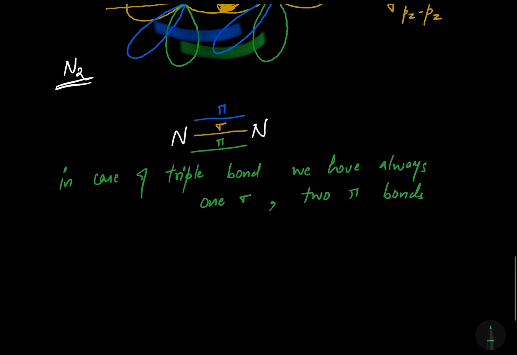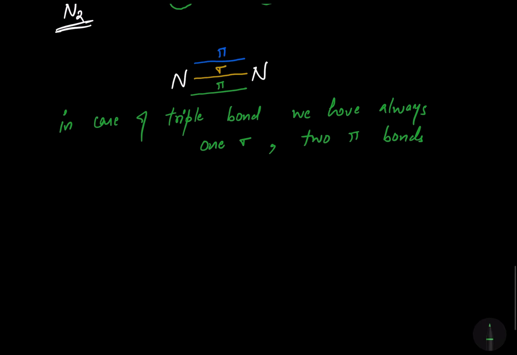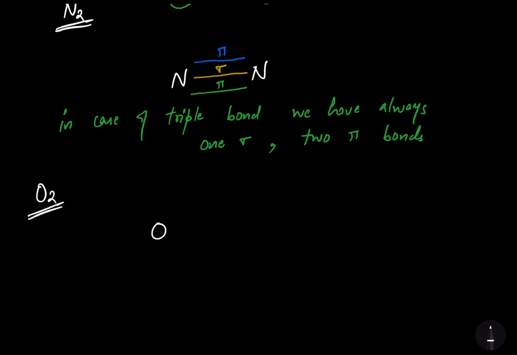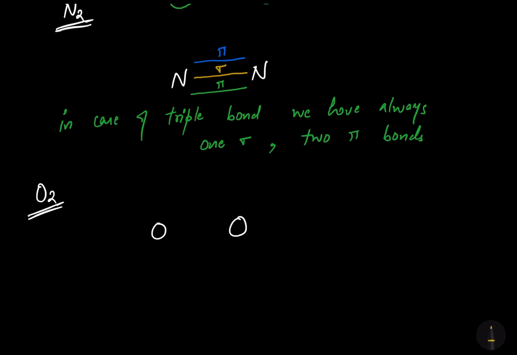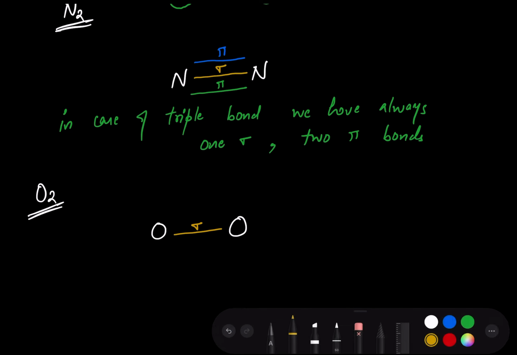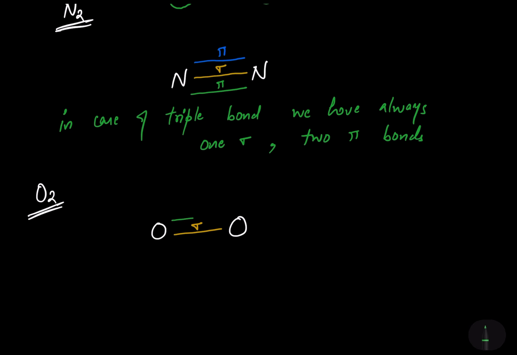Let me take an example of double bond. Let's talk about the O2. Now, oxygen and oxygen. In oxygen and oxygen, we have one sigma bond and one pi bond. And the last p orbital is actually completely filled in the oxygen.